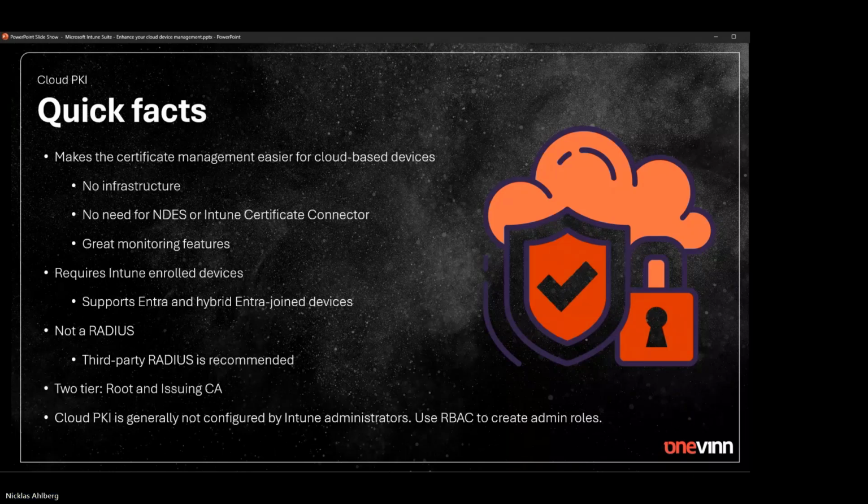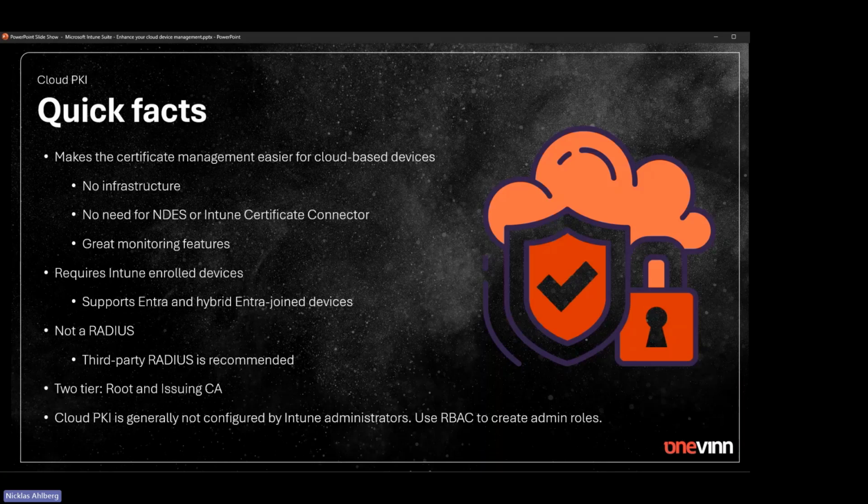So just another important fact here: it is not a RADIUS, so it doesn't solve authentication for your Wi-Fi controller, access points, VPN, and so on. So you still need to have something else for the authentication side of things.